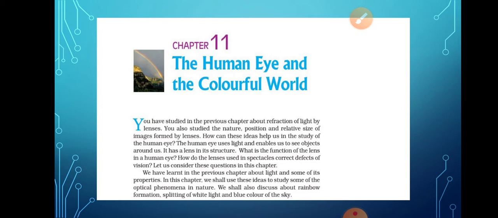How these ideas help us in the study of human eye. Now today we will focus on the human eye. The human eye uses light, and with the help of light we can see the object. So definitely one lens will be there inside the human eye.